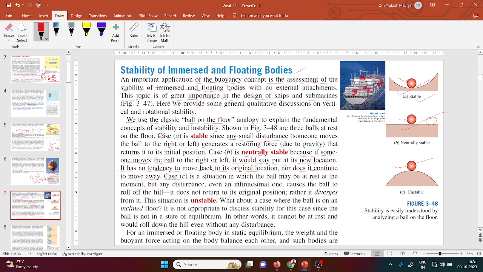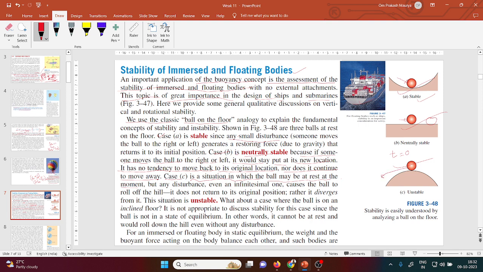And case C, what is written? Case C is a situation in which the ball may be at rest at a moment. Let's say at a time t, the ball is in a rest condition, but with any disturbance, even an infinitesimal, that is a small one, what will happen?